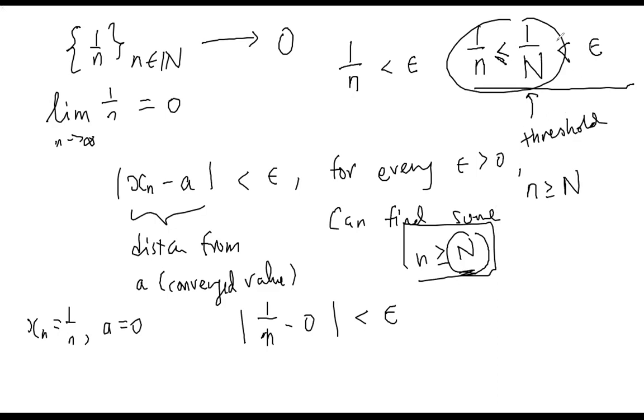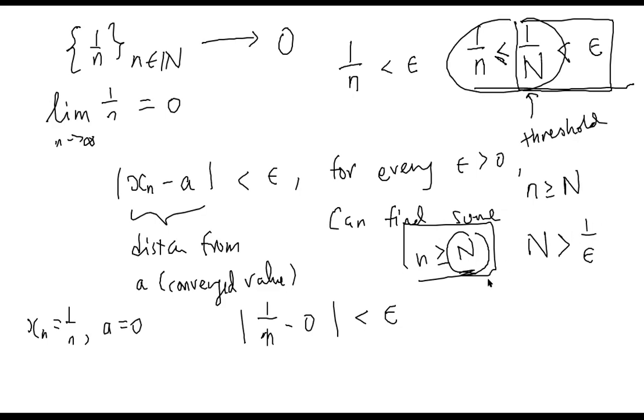So you have this inequality, and once you build it, you connect this part. You basically just need to solve this, so your n is greater than 1 over epsilon.